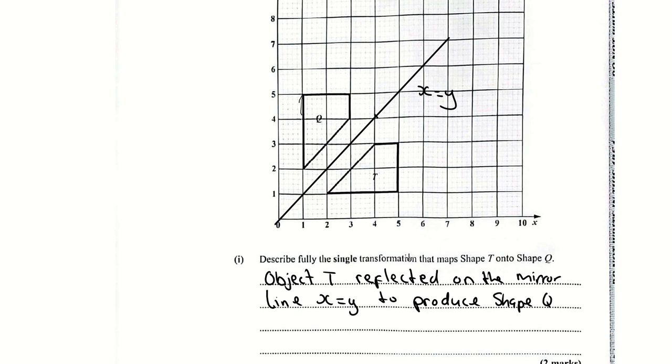So we know that this is not a rotation, it's not a translation, it's not an enlargement. So the only thing that it could be is a reflection.